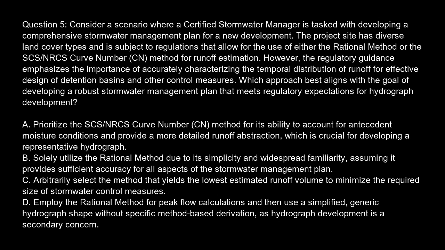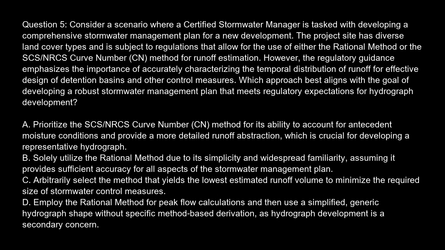Option A. Prioritize the SCS/NRCS curve number (CN) method for its ability to account for antecedent moisture conditions and provide a more detailed runoff abstraction, which is crucial for developing a representative hydrograph. Option B. Solely utilize the rational method due to its simplicity and widespread familiarity, assuming it provides sufficient accuracy for all aspects of the stormwater management plan.